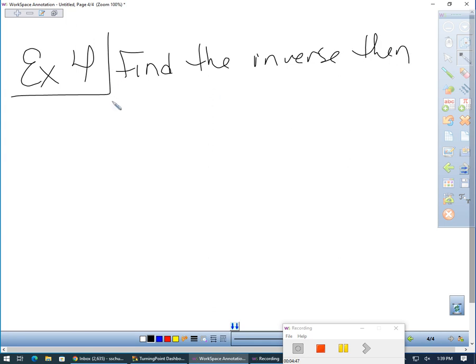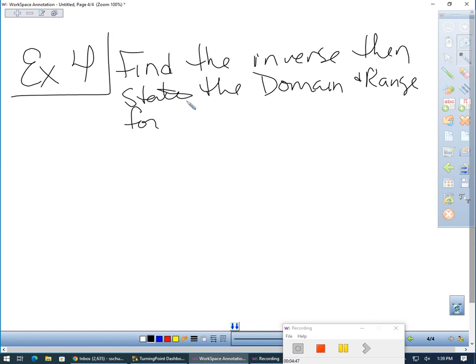Then state the domain and range for the relation and its inverse. All right, this will cover 30 through 34.